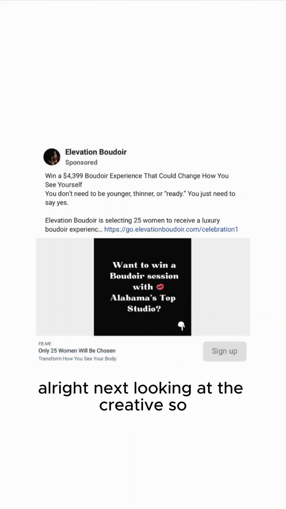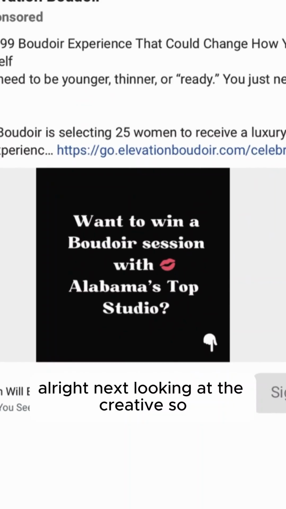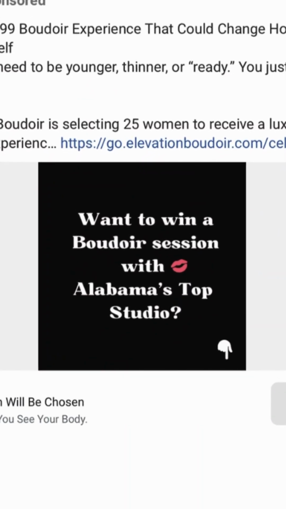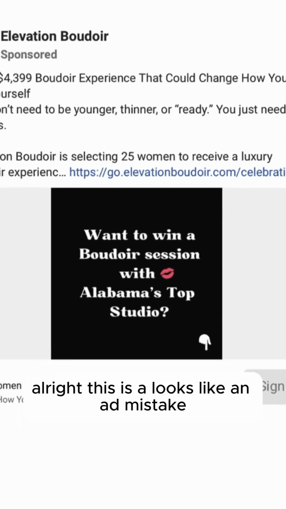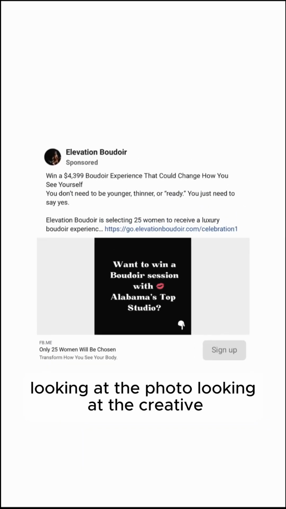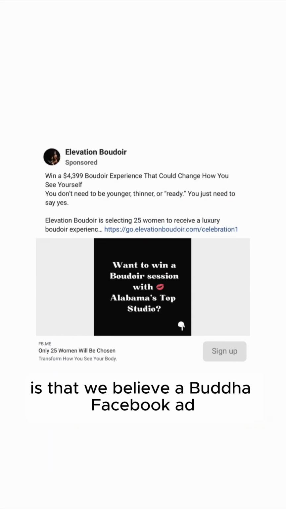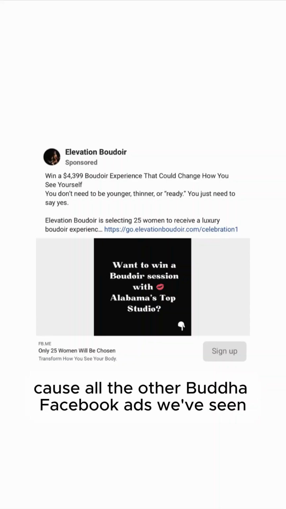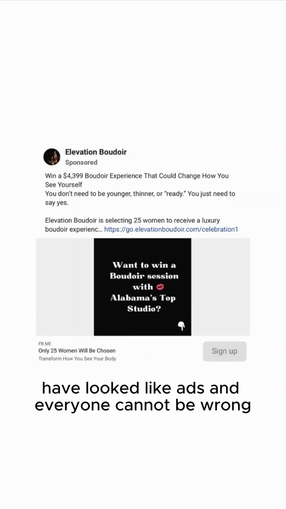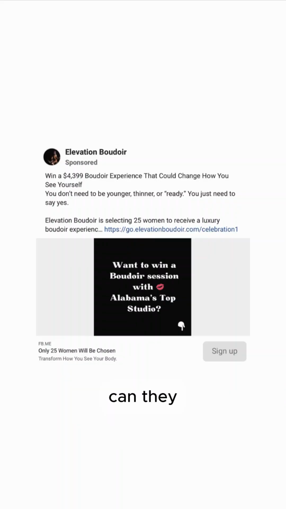All right, next, looking at the creative. Let's see, looks like an ad mistake. Looking at the photo, looking at the creative. The false belief that caused us to make this mistake is that we believe a Boudoir Facebook ad should look like an ad, because all the other Boudoir Facebook ads we've seen have looked like ads, and everyone cannot be wrong, can they?